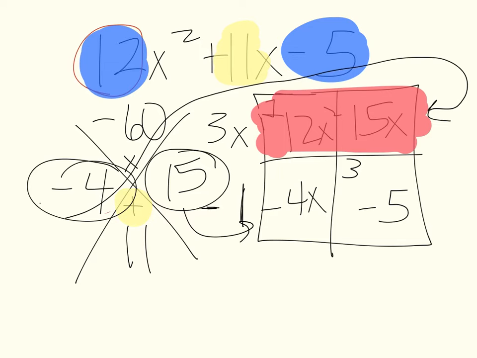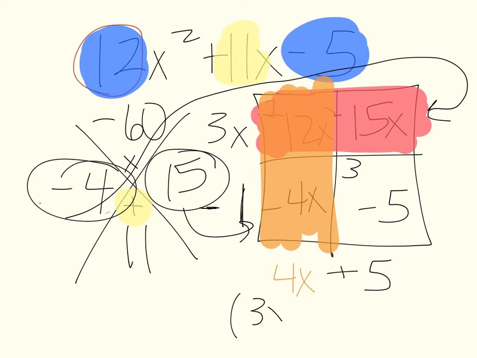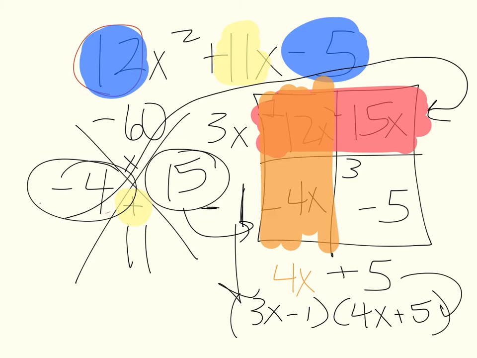If that is what I'm trying to find the greatest common factor of, it would be 4x. And then over here, I'll get a 5.